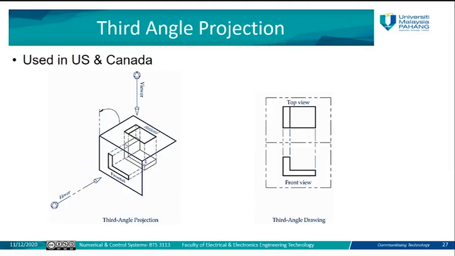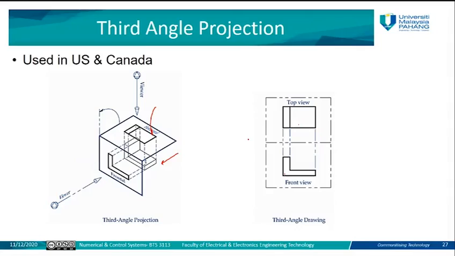So where is the front view? Because you are going to see from this way, the front view will be projected on this plane. Then the top view will be from the top, and it will be presented on the top.